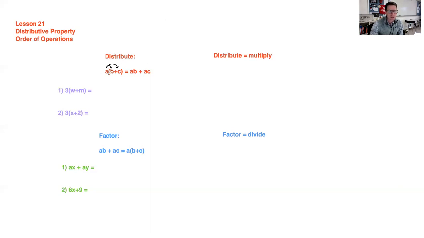So I'm multiplying A by B and A by C and adding them together. A times B equals AB. A times positive C equals positive AC. And so I can stick these together to get AB plus AC. Another word we could use for distribute is multiply.